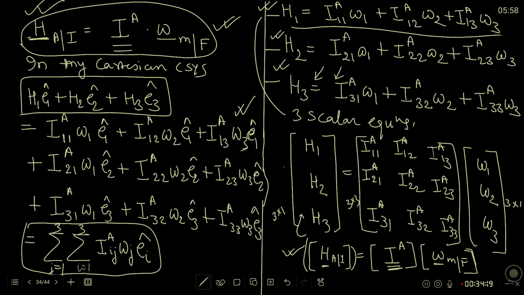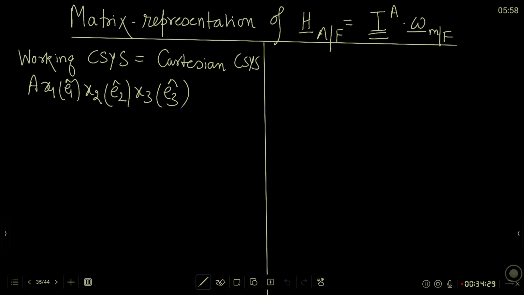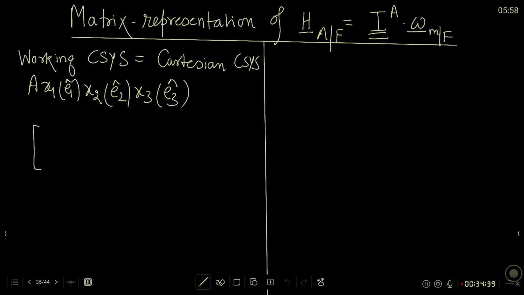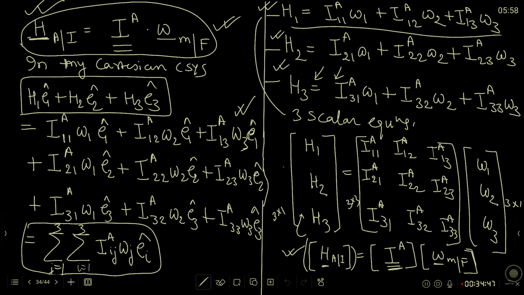I've already covered this. Maybe I'll just write here again. No, this is I here. This should be F, because I'm talking about H_A in frame F. Right? This is still the frame F. Made more mistakes here.